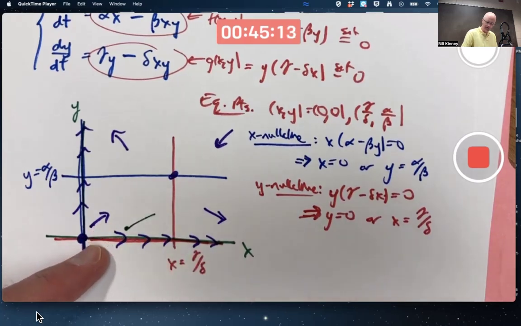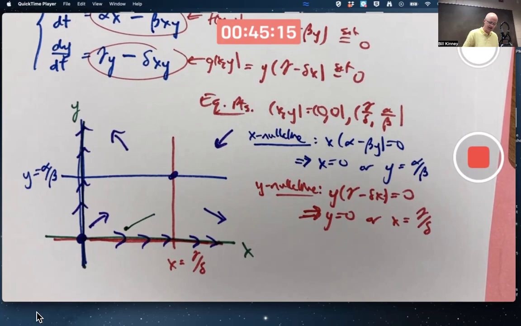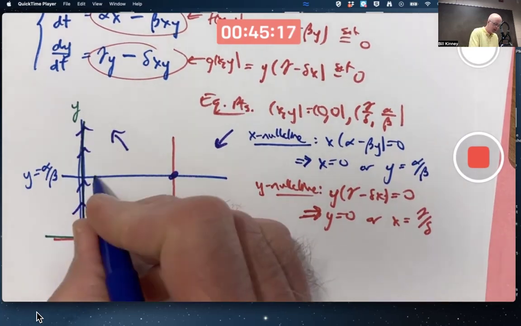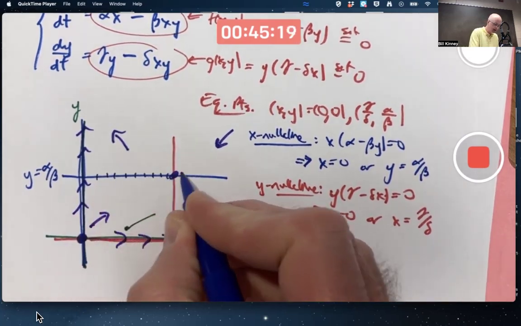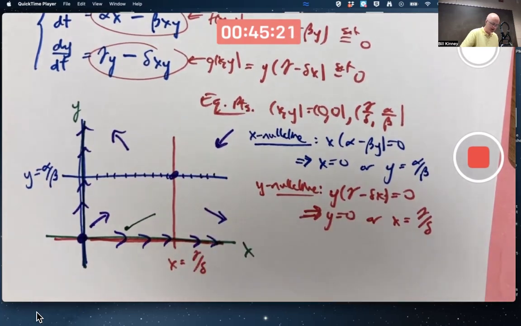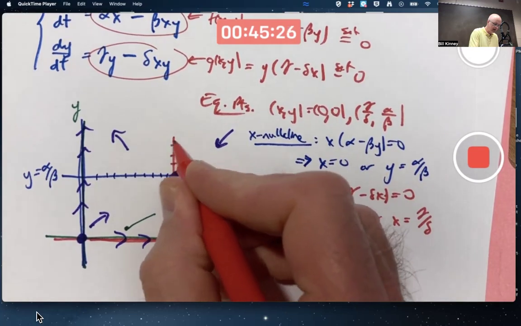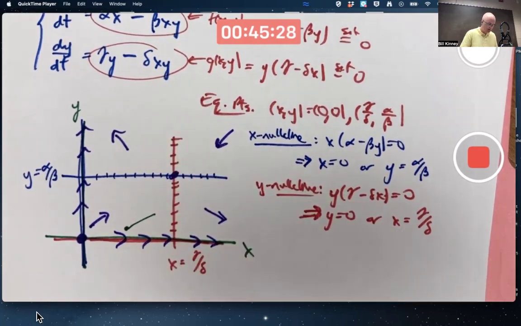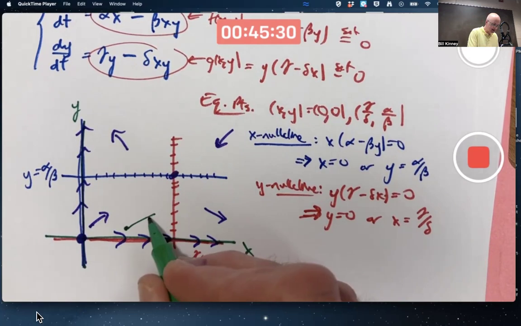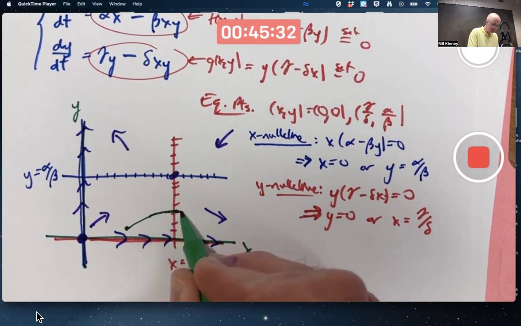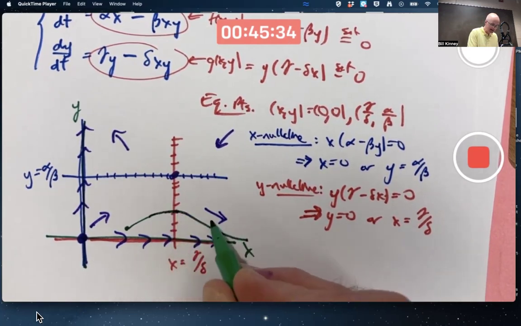And I do have to cross the y nullcline with horizontal tangents. We still have vertical tangents along this x nullcline here and horizontal tangents along the y nullcline here. So I still have to cross that y nullcline with a horizontal tangent line like this before heading down that way, I guess.